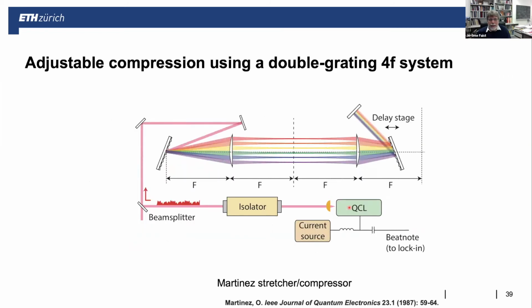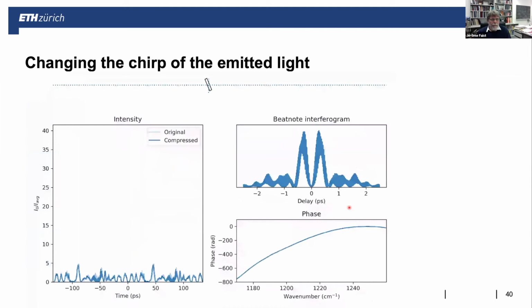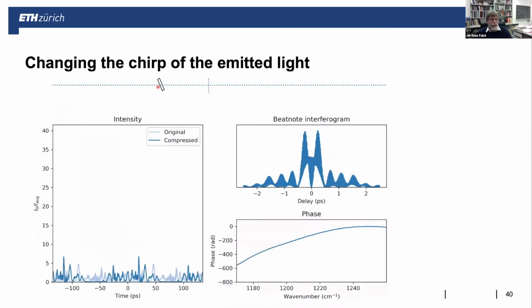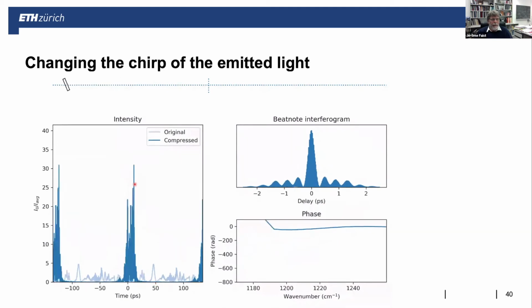And that's what we did here using this double grating 4F system and analyzing again the signal. We showed that by moving that 4F system and changing the dispersion, we could bring all this energy back and basically achieve a single pulse. And okay, that pulse is not very pure. It's not very pure because the phases are not exactly parabolic.